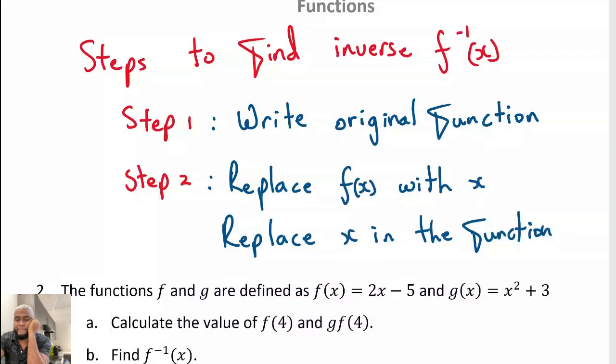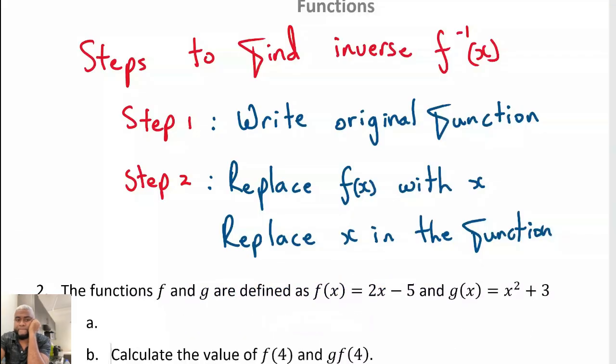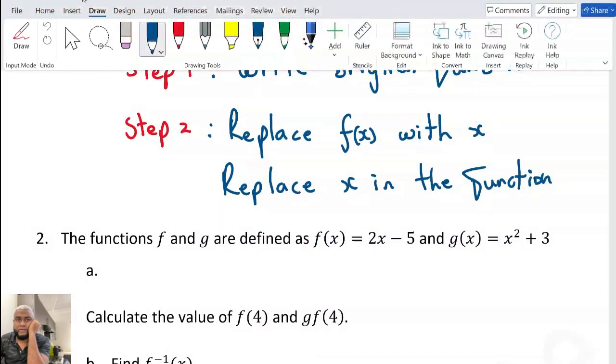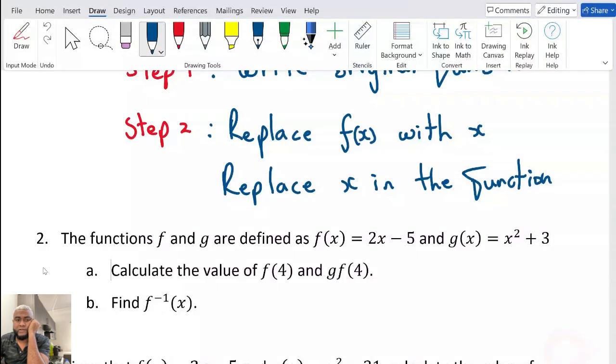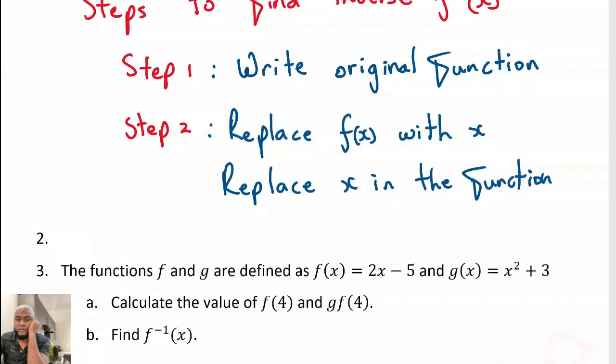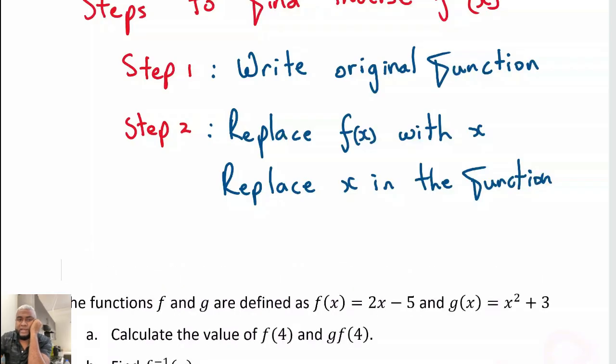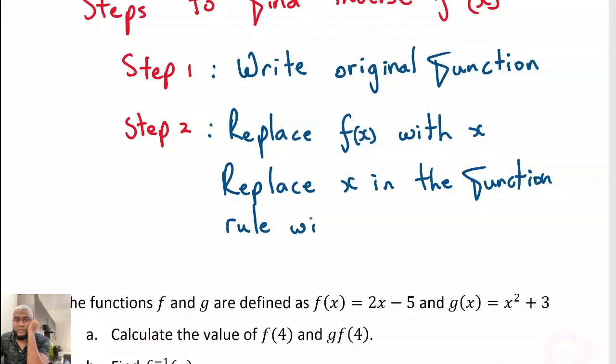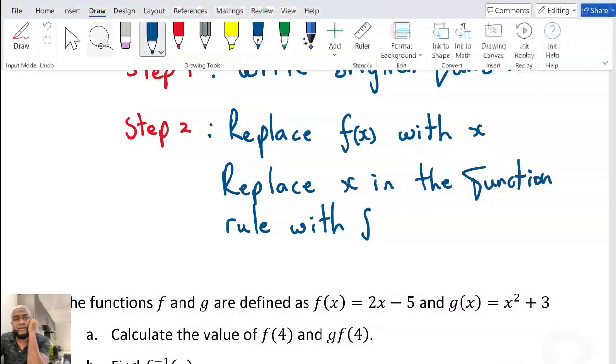Right, replace x in the function rule with y.